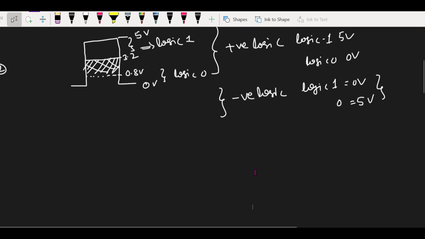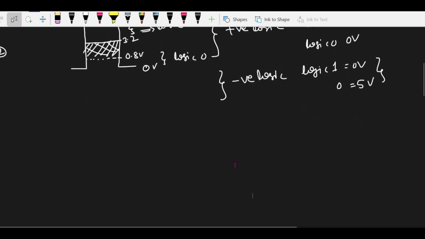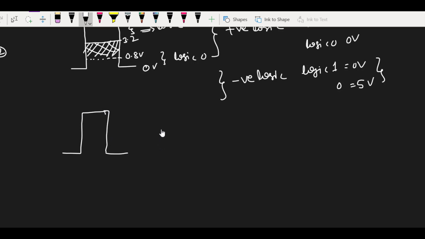Now if you further study your digital signal, it will have a frequency. Usually in any digital circuit, let's take a digital circuit with inputs A and B, and some output Y, let us assume.